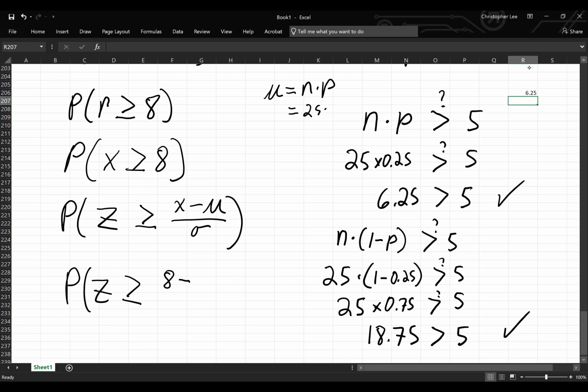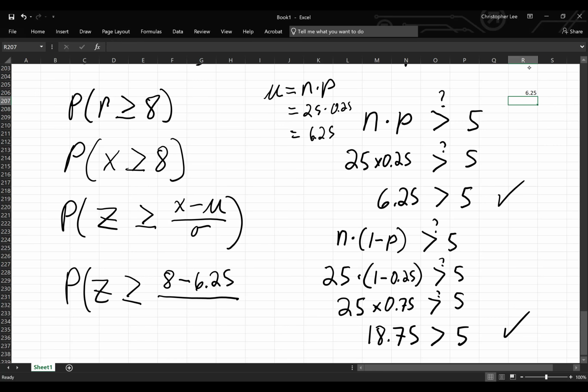Now, standard deviation. What's the standard deviation formula? Sigma equals the square root of npq. Just plug in the numbers.